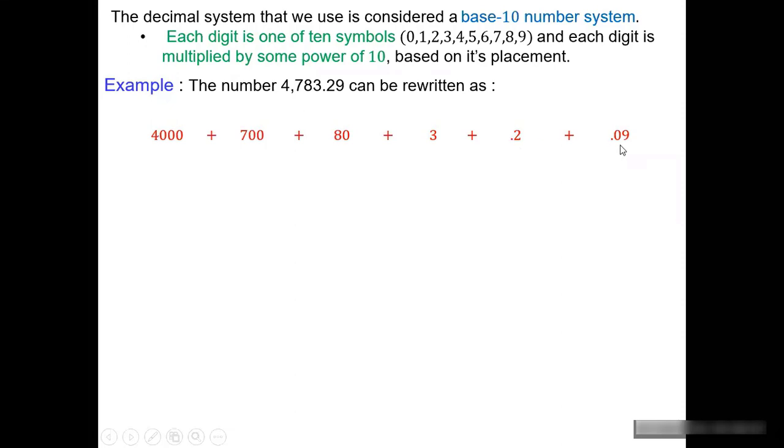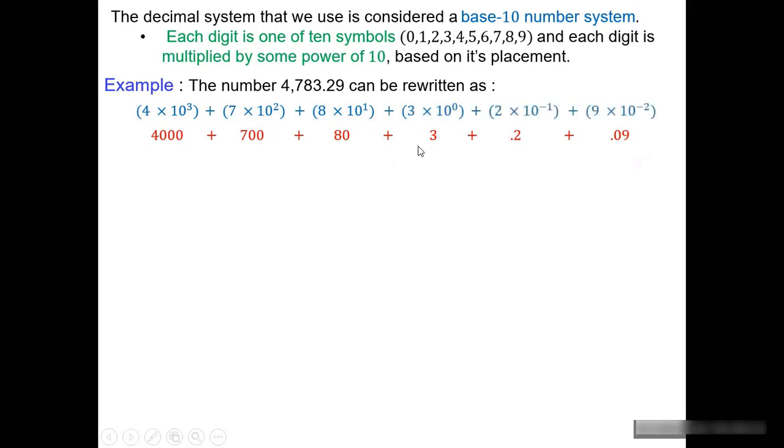And if you think about that, now I can rewrite each of these terms as 4 times a power of 10, plus 7 times another power of 10, plus 8 times another power of 10. Notice that these are base 10 number systems. These are very common in the way that we describe numbers.